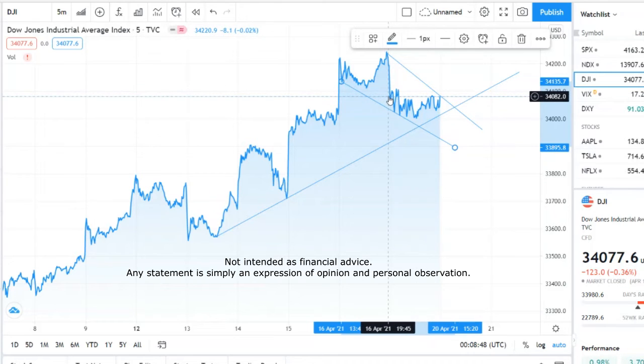There wasn't as much volatility in the Dow, but we can still see that there is a small bearish divergence. They failed to establish a handle here, so we did get pretty much the same low, but a lower high.